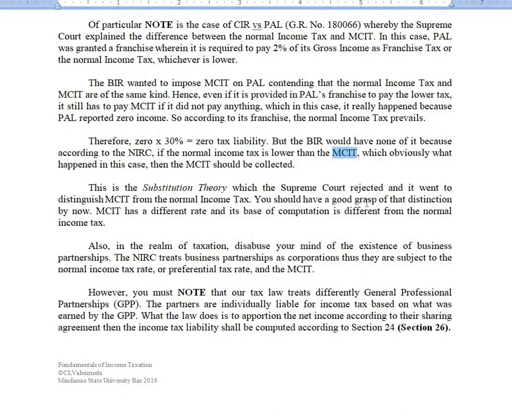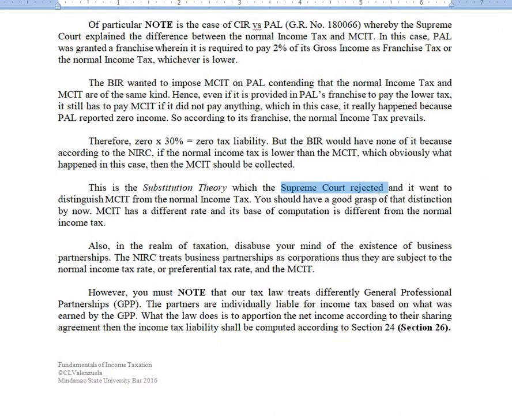So you could only imagine MCIT 2% times the gross income of PAL at the time. So obviously MCIT is higher. So the BIR said, you have to pay because MCIT is the same as the normal income tax as provided in Section 27. That is the substitution theory which the Supreme Court rejected.